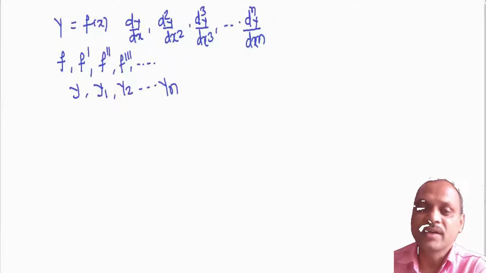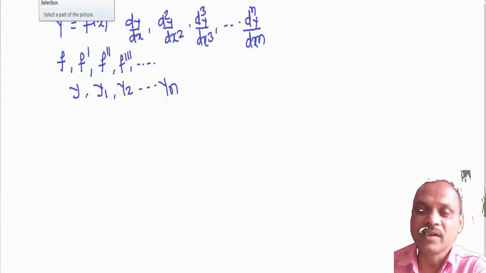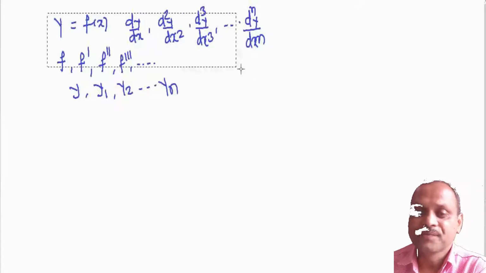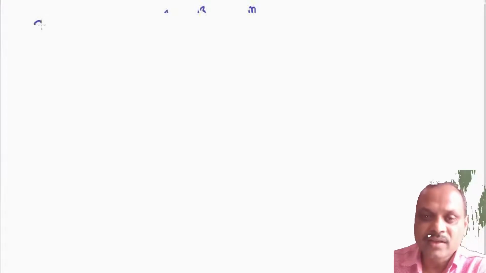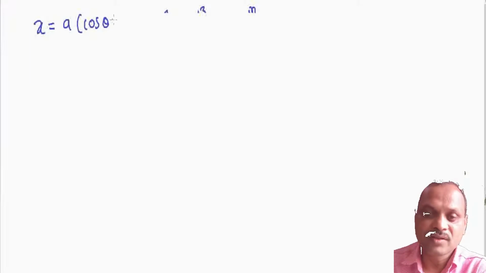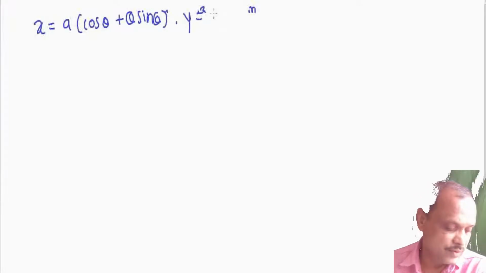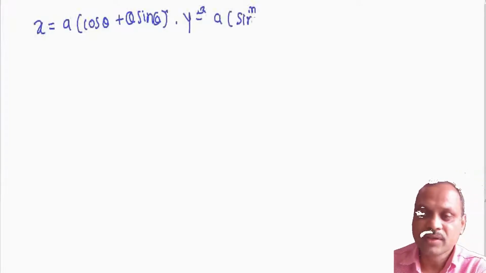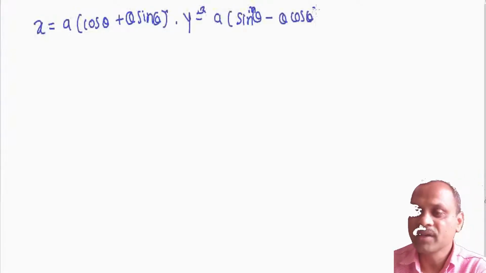So friends, let us see how to find the higher order derivatives with an example. Suppose x equal to a into cos theta plus theta into sin theta, and y equal to a into sin theta minus theta into cos theta.